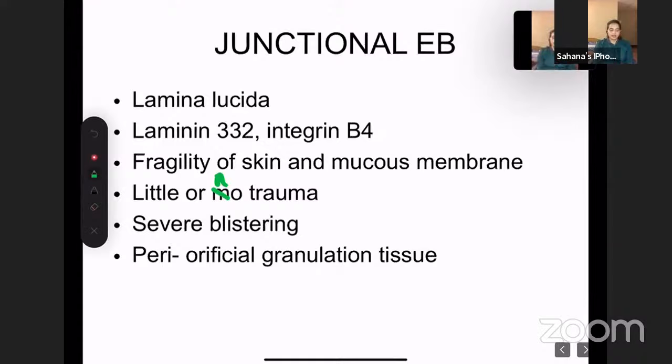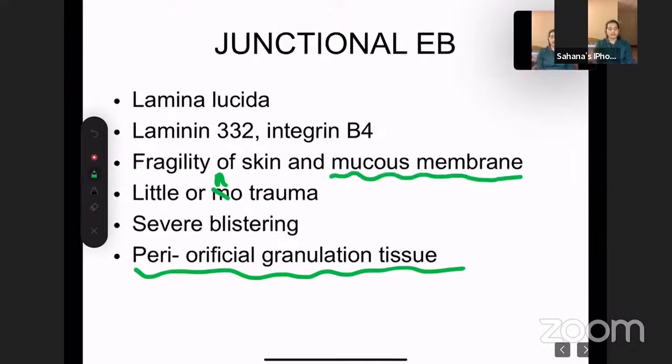The blisters happen spontaneously. So that is one main difference. The other very important thing is periorificial granulation tissue. I'll show you some images of that. That is very characteristic of junctional EB. Periorificial, in the sense that it can be perioral, periocular, or perianal. These are the three sites where granulation tissue is especially found. The other important difference is mucous membrane involvement.